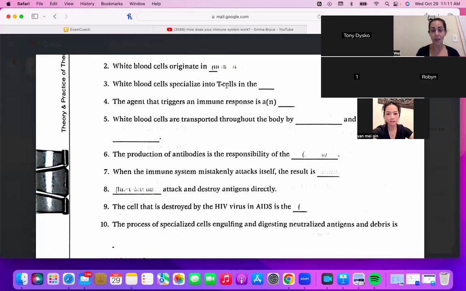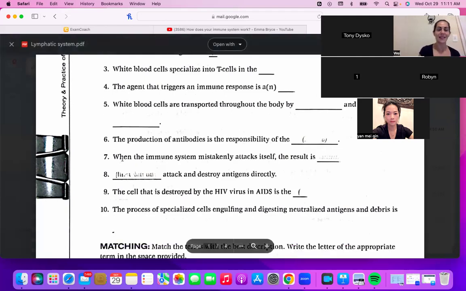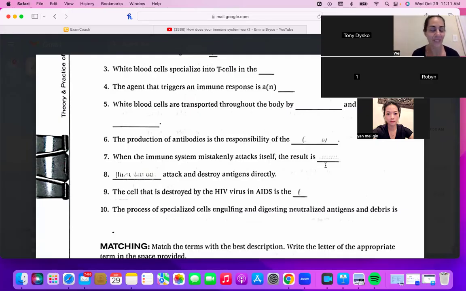The T cells are the helpers. Helpers for whom? The B cells. Correct. Now, when the immune system mistakenly attacks itself, the result is what? Autoimmune disease. Correct.